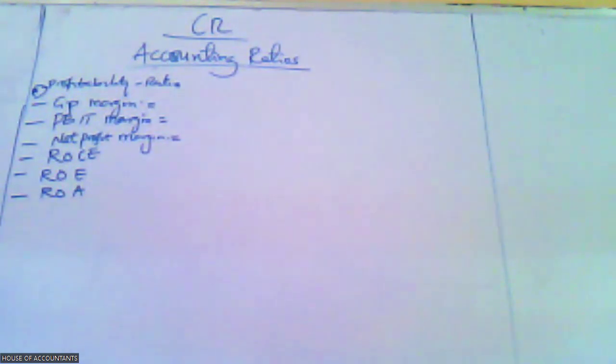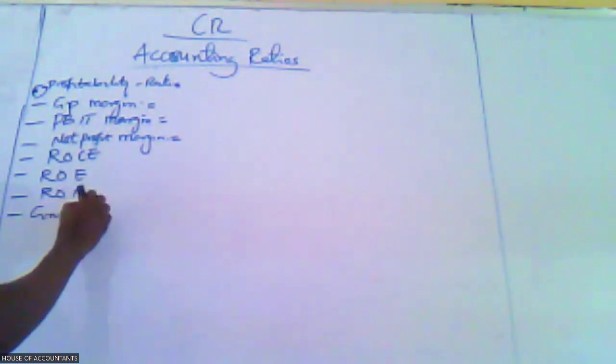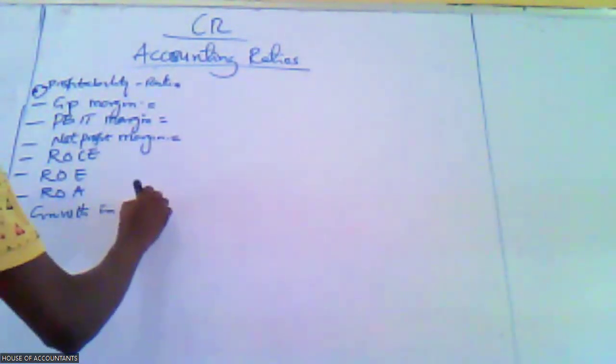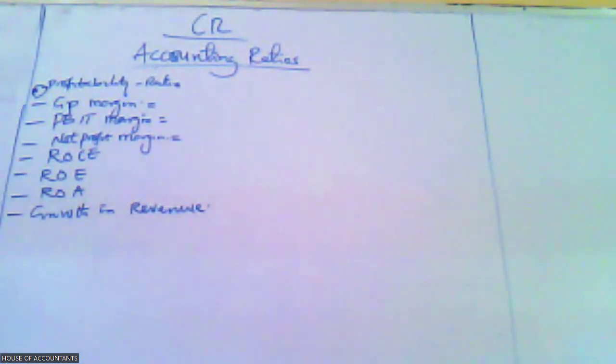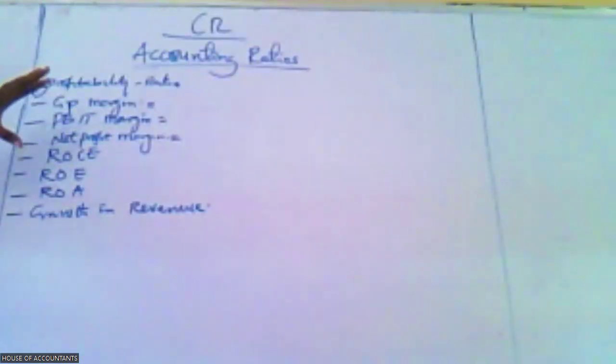We can as well calculate growth in revenue. So the growth in revenue is talking about trend analysis. So these are the ratios you can calculate under profitability ratios. I believe online can hear me. So let's now take it one by one.